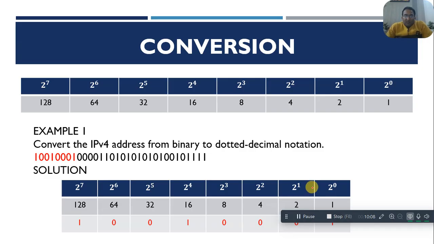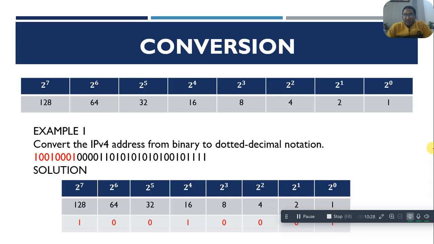For this, the first thing to note is that we have 8 bits in every octet, so we assign indexing with base 2. Why? Because this is a binary number, and in binary there are only two digits, 1 and 0.